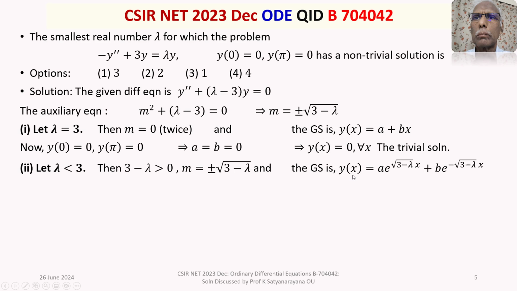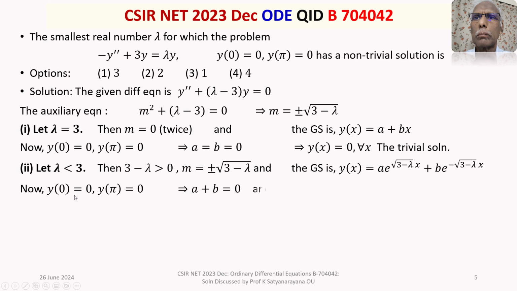The general solution is given by y of x equals a e to the power of square root of (3 minus lambda) x plus b e to the power of minus square root of (3 minus lambda) x. We are very familiar with writing this.